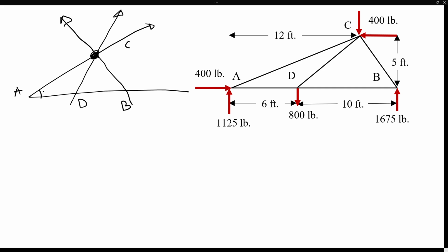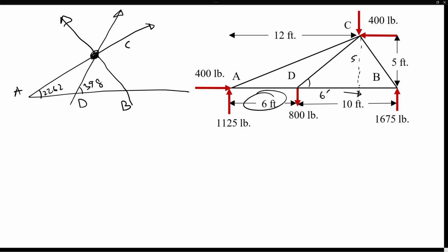So the angle A was 22.62. This one I calculated 39.8. Simply what you can do: that is 5, and 16 minus 12 gives this is going to be 6 foot.